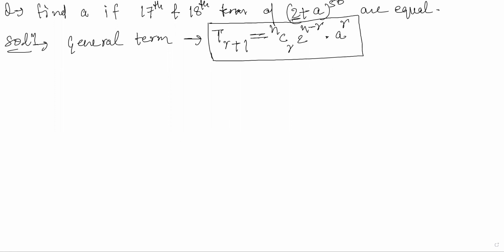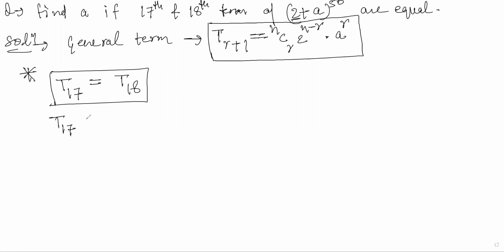Now, coming to the question. We have been given that 17th and 18th terms are equal. I'll use this information to solve the question. I can surely find T17 and T18 using this formula. To find T17, I will have to put r = 16.